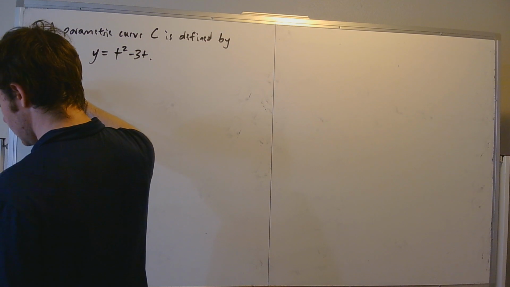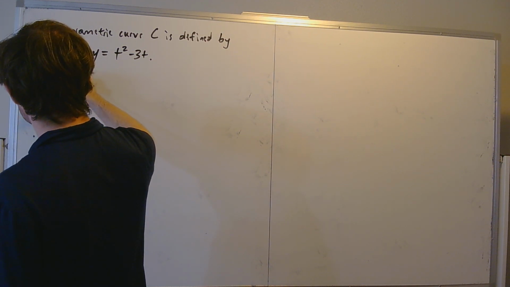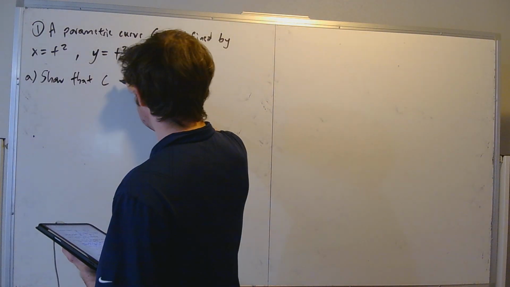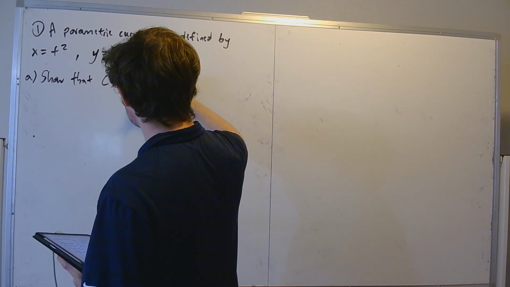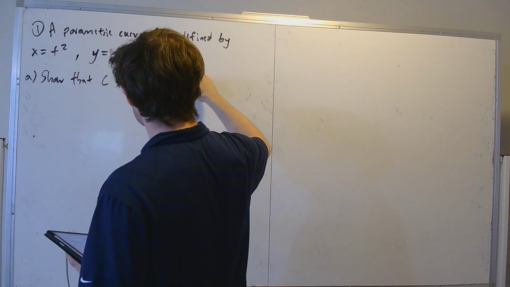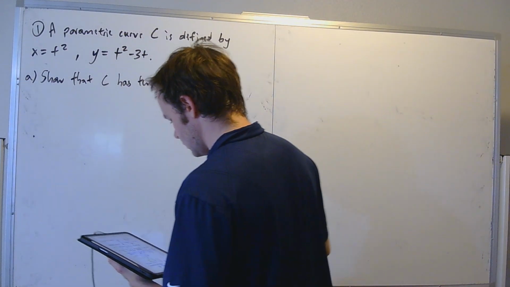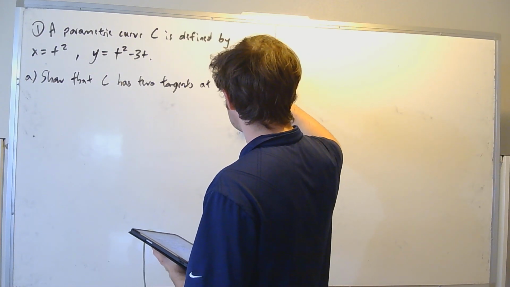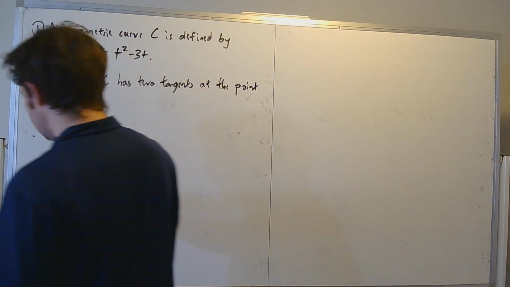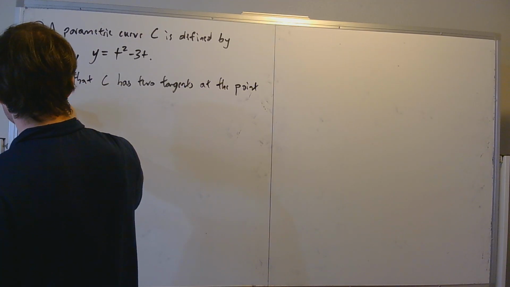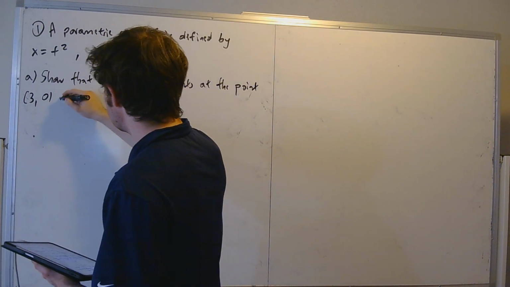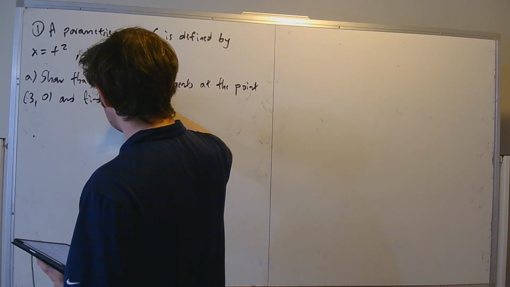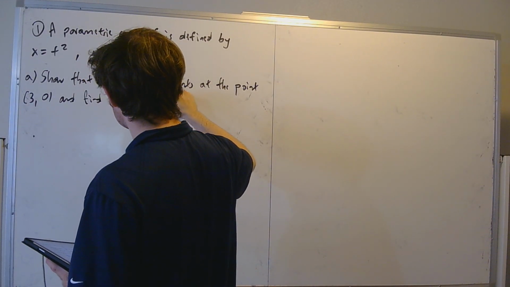Part A is going to say show that C has two tangents at the point (3, 0) and find their equations.